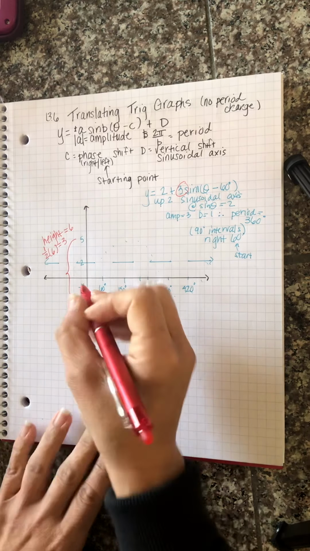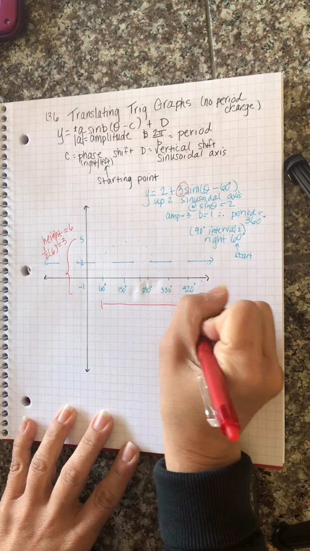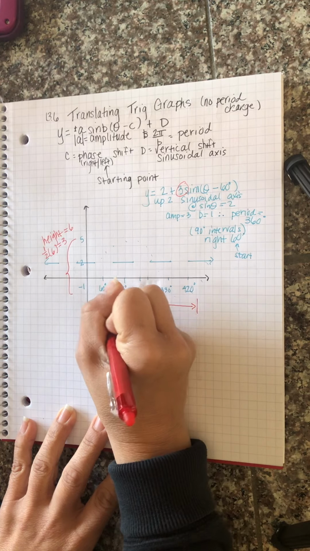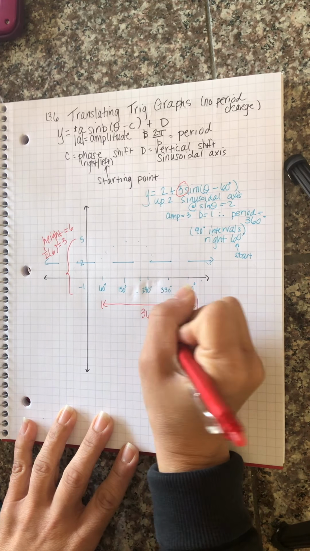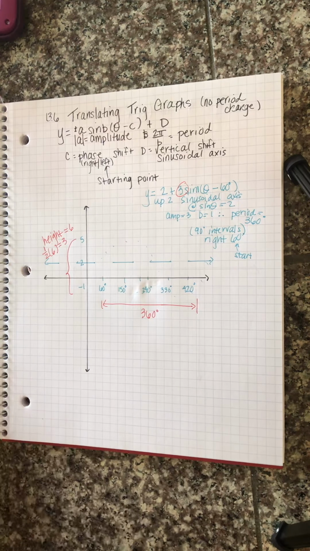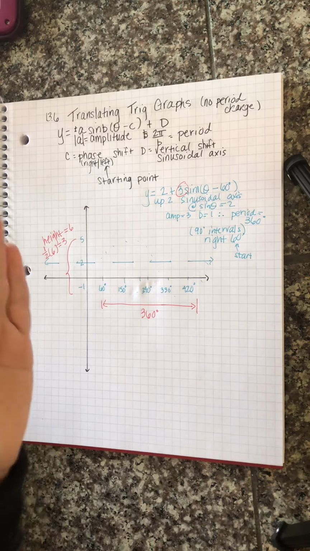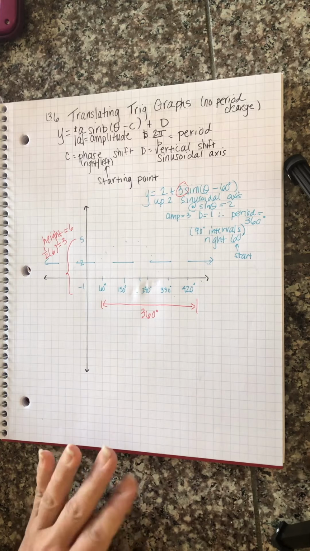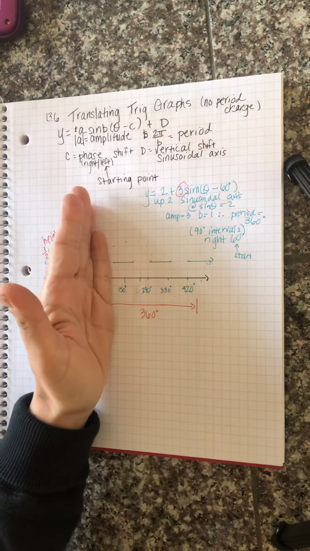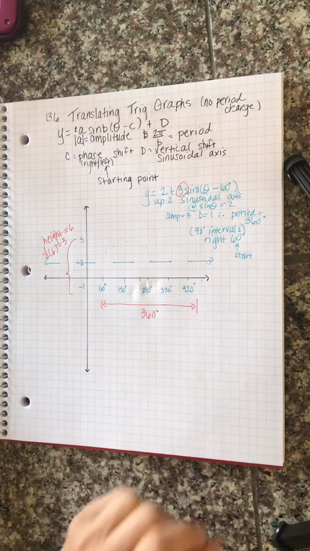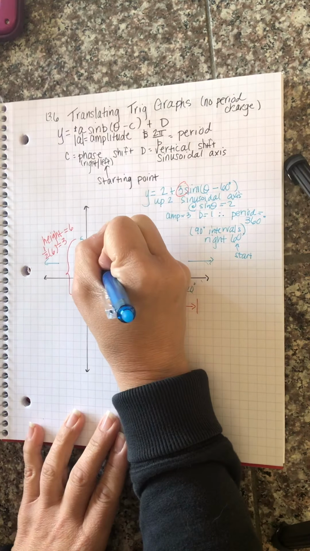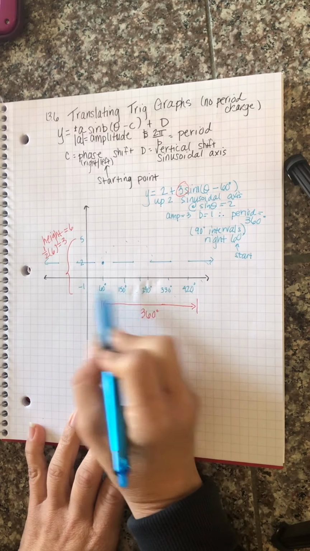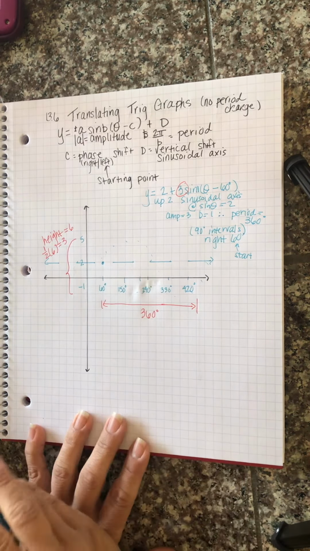Okay, notice that from 60 to 420 is a period of 360 degrees. Excuse me, I'm sorry, let's start over. From the beginning of the curve to the end of the curve should be 360. So here we go. Instead of starting on the x-axis, I'm starting on the sinusoidal axis.